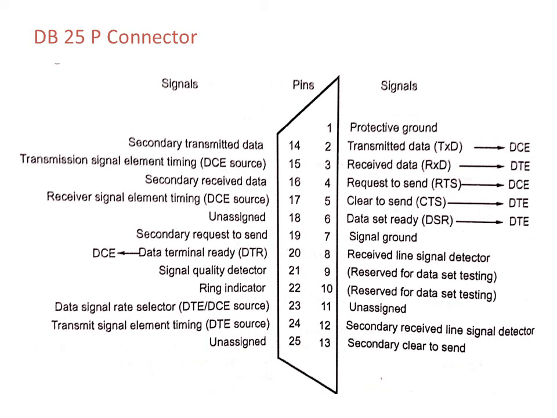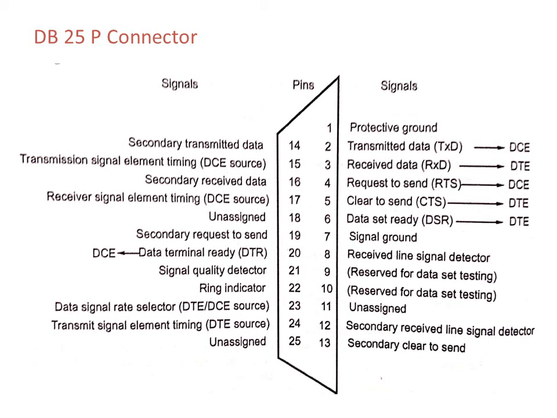So the signal direction on DCE is in. The third pin is received data, represented as RXD, and it is directed towards DTE. So the signal direction on DCE is out.